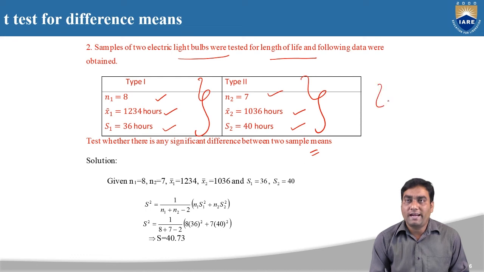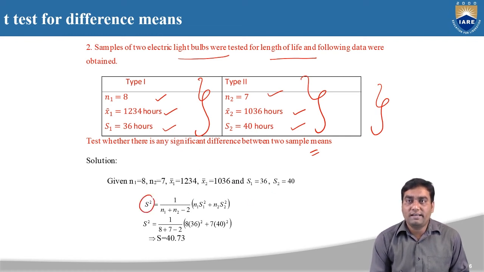Now we need to decide which test is suitable by using the given data. If you observe in this problem, the sample sizes are 8 and 7. That means they are small samples, and two different samples are given. So we identify this problem is suitable for the t-test for difference of means only. Now, in this case, we need to find the s square value.